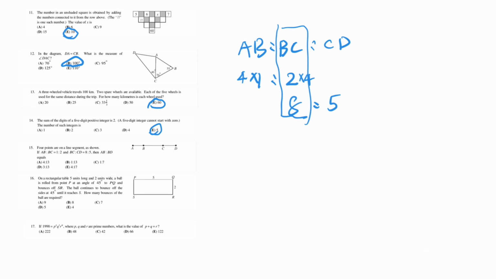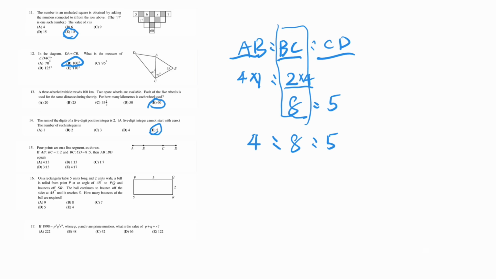Now we can write the same ratio because BC is now equal to 8. So AB is 4, BC is 8, CD is 5. That's the multi-way ratio, 4 to 8 to 5, AB to BC to CD.